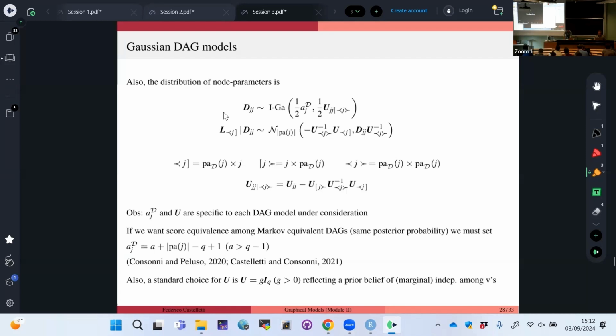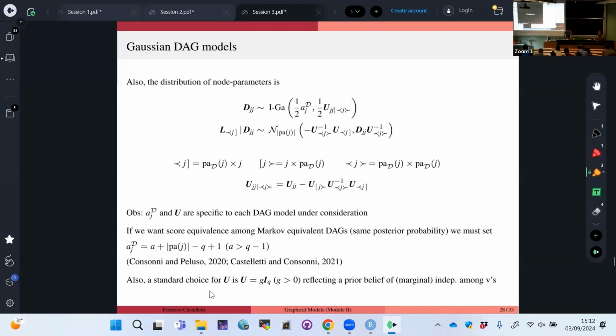Okay, so these priors depend on several hyperparameters, U and A in particular, that we need to set, that we can set according to our prior knowledge or whatever, but importantly, we must set in such a way that we guarantee score equivalence, that is, Markov equivalent DAGs leading to the same marginal likelihood. So we are not free to choose any value for A and U. One choice guaranteeing score equivalence is the one introduced by Consonni and Peluso in this paper, 2020, okay?